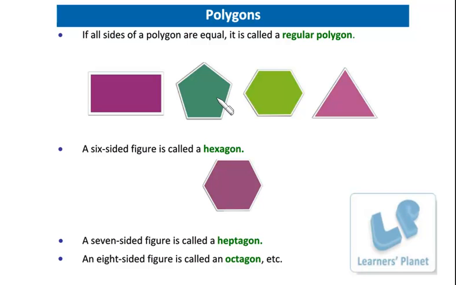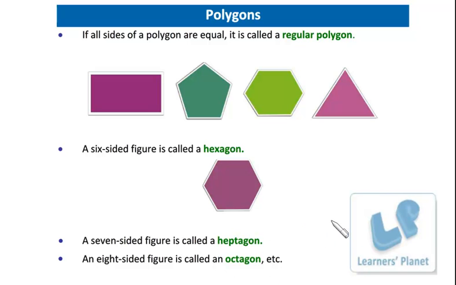Then we have the pentagon: five sides and five angles, a five-sided closed figure. A six-sided closed figure, hexagon. A three-sided closed figure, we have already discussed, a triangle, right? Seven-sided figure, heptagon. Eight-sided figure, octagon.